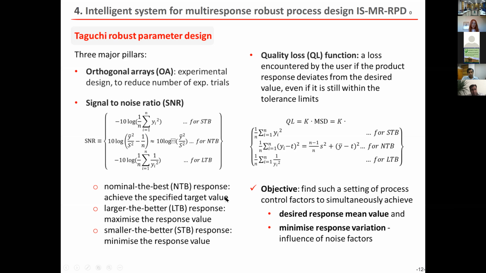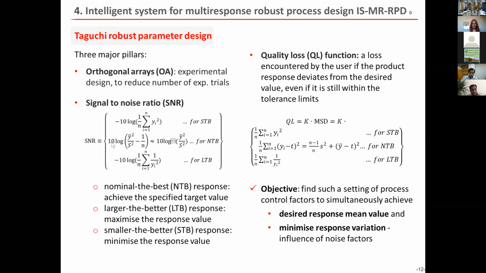The point is just to briefly understand the signal-to-noise ratio, SNR, and quality loss. Signal-to-noise ratio is a measure that takes into account both the response mean value and variability. So it is one value that takes into account both average and variability.